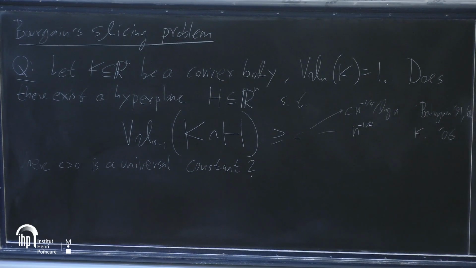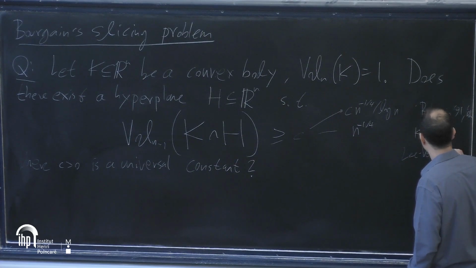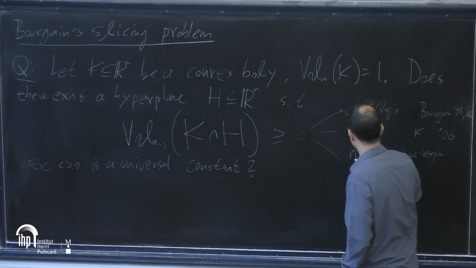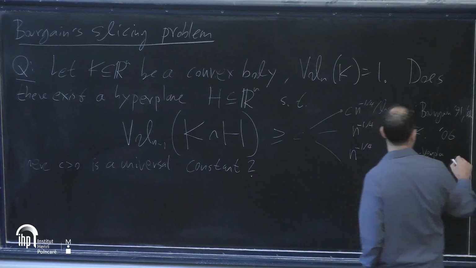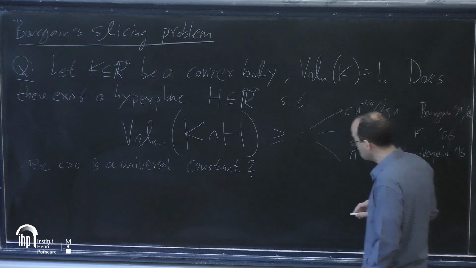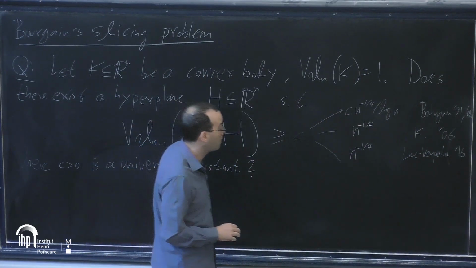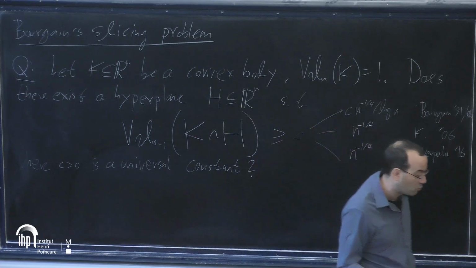So these are two different proofs of more or less the same bound. Then Lehec and Eldan used stochastic localization and got another proof of n to the minus 1/4. I think this was in Vempala, 16. Okay, so you had three different proofs, which looked rather different, of the same n to the 1/4 bound.